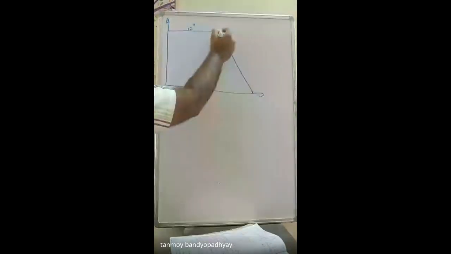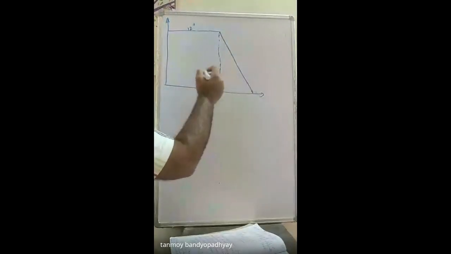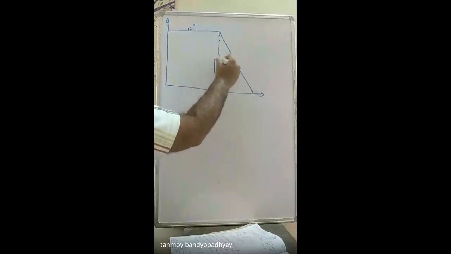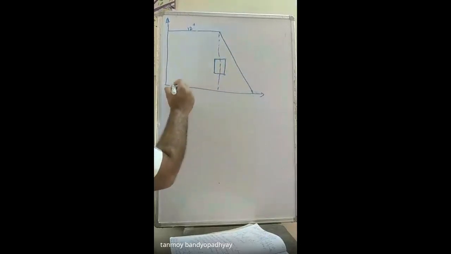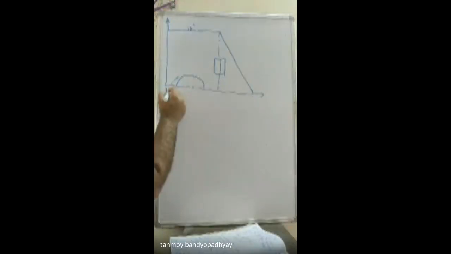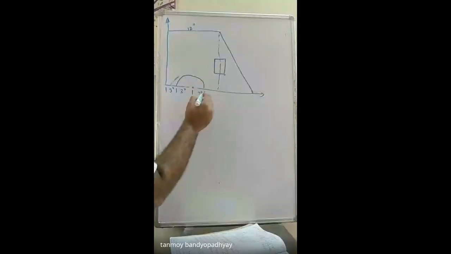So if I drop this, it should be like this, so that there is a semicircular part here also. This length is 3, this is 3, this is 3 inches.